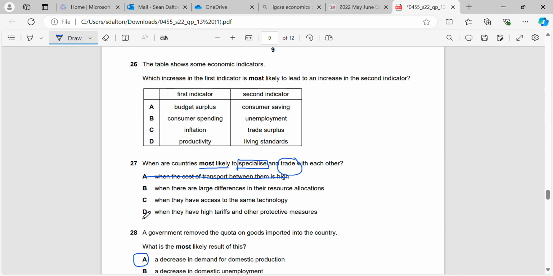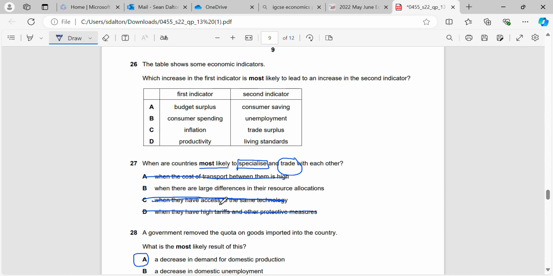When they have high tariffs and other protective measures, that's also going to restrict trade, because we're taxing imports from a country. When they have access to the same technology, that's not going to have an effect on trade, but it's going to reduce their ability to specialize.